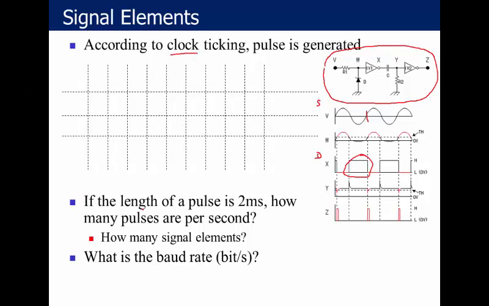If the length of a pulse is 2 milliseconds, which means the period of a pulse, one cycle, is 2 milliseconds, then how many pulses per second? I would say it's not wavelength, but period.